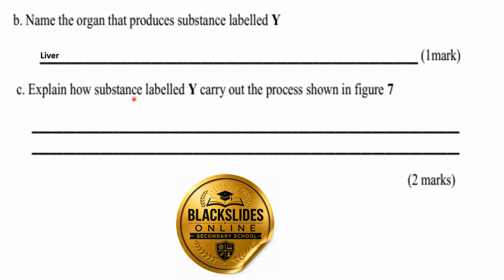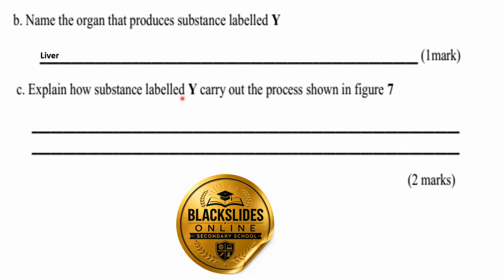Explain how substance Y carries out the process mentioned or shown in the figure. So we said that this process, the process by which the large fat molecules are broken down into smaller ones, is emulsification.